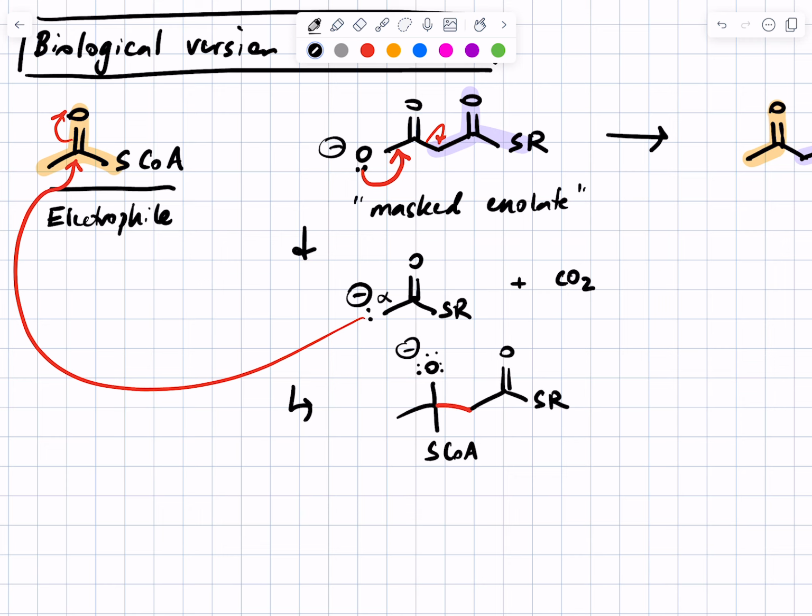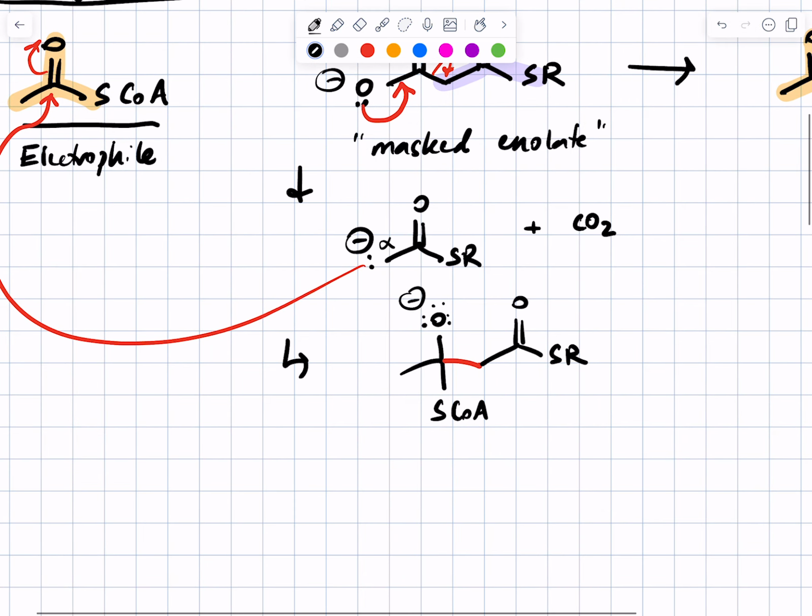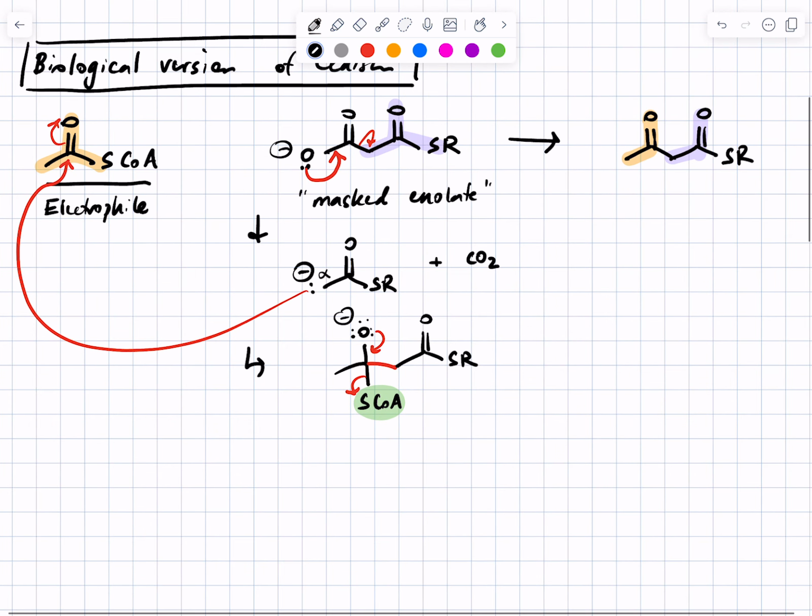So this is your intermediate, and it turns out that the negatively charged thiolate ion is a decent leaving group, so electrons kick down and the coenzyme A conjugate base, negatively charged thiolate, leaves as a good leaving group.